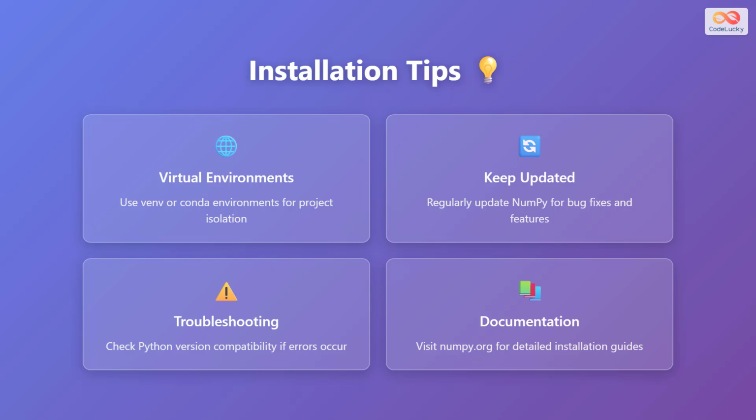Third, if you encounter any errors during installation, check that your Python version is compatible with the NumPy version you're trying to install. Finally, for detailed installation guides and troubleshooting help, visit the official NumPy website at numpy.org. The documentation there covers advanced installation scenarios and platform-specific instructions.